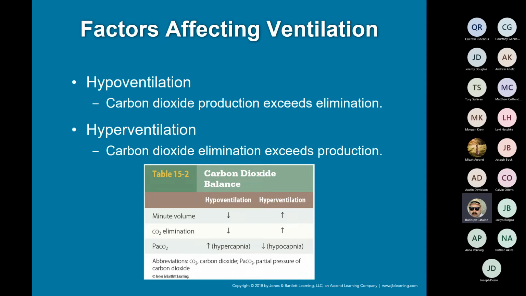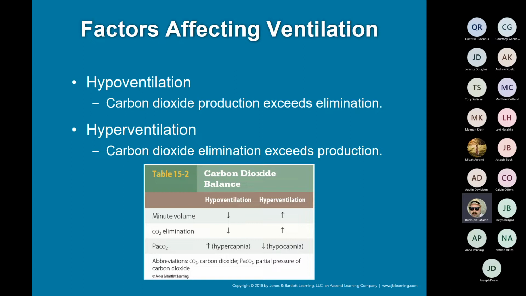Hypoventilation, obviously anything hypo is below, hyper is above. So hypoventilation is when our patient isn't breathing adequately, right? Carbon dioxide production exceeds elimination. This is when we will start to see a buildup of carbon dioxide in our patients. If we were to put somebody on end-tidal monitoring or capnometry, we're just looking at the numbers here, not a graph.